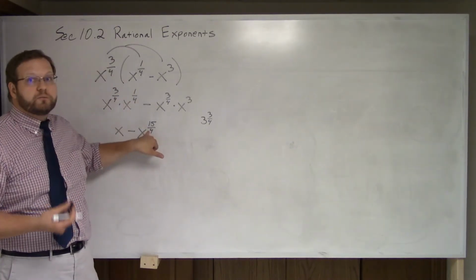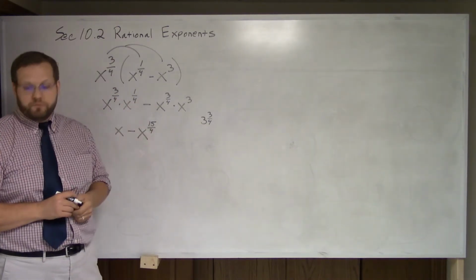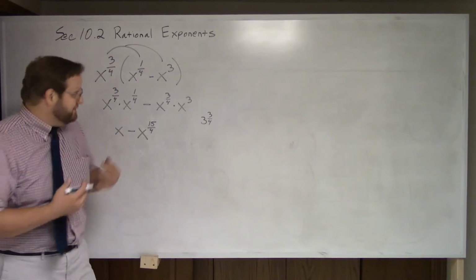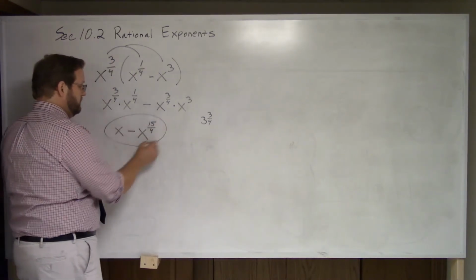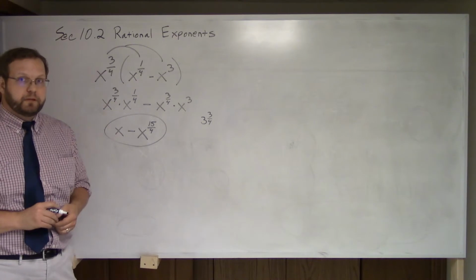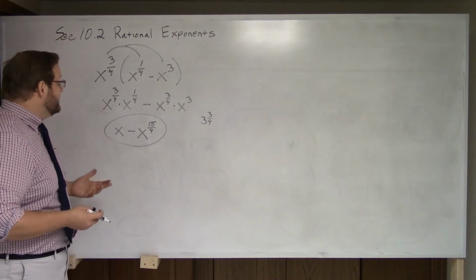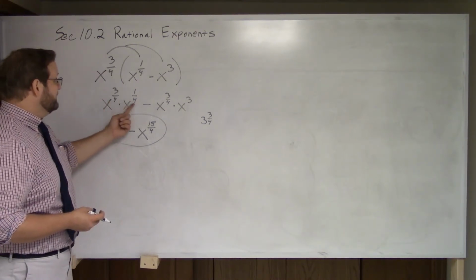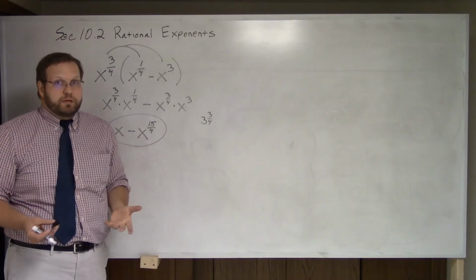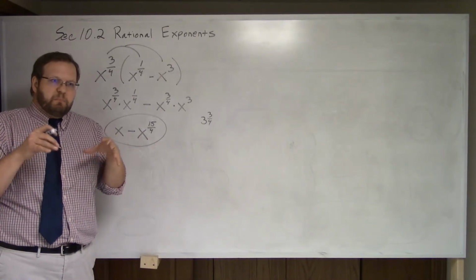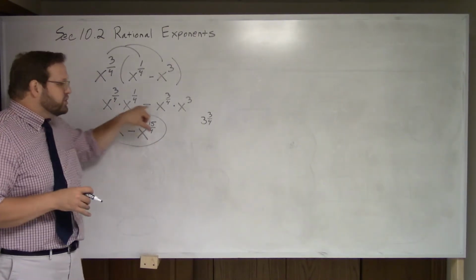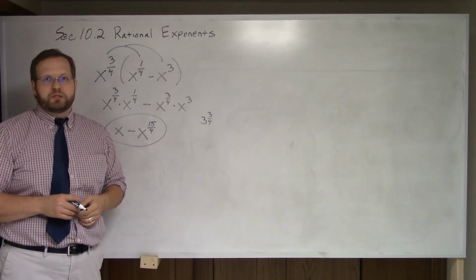Just make sure you convert it back to that 15/4. Okay? And that's pretty much it. That's all there is to it. Okay? Again, all you did here was add and add. That's really what it came down to. It was just embedded in this rational exponent type of situation.